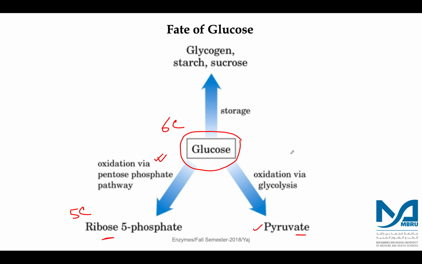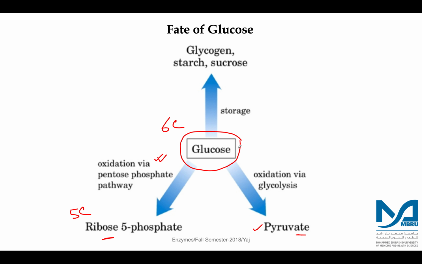Next week, we will focus on converting glucose to glycogen, as well as how glycogen is converted to glucose. That is the summary of carbohydrate metabolism, which we will be able to conclude by the end of the week following your midterm exams.